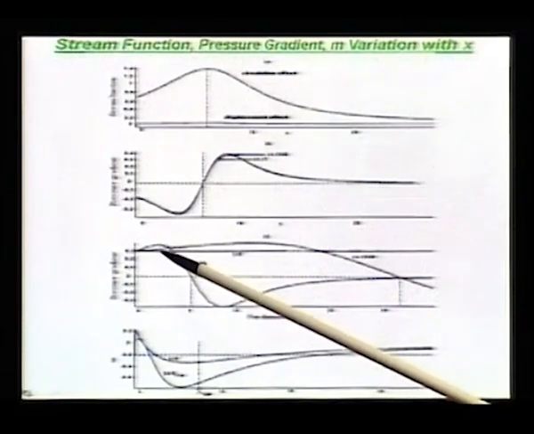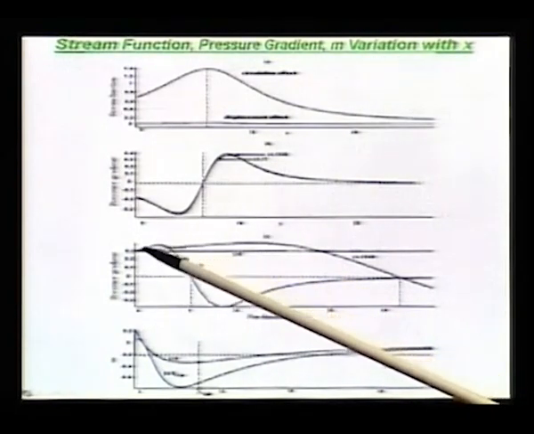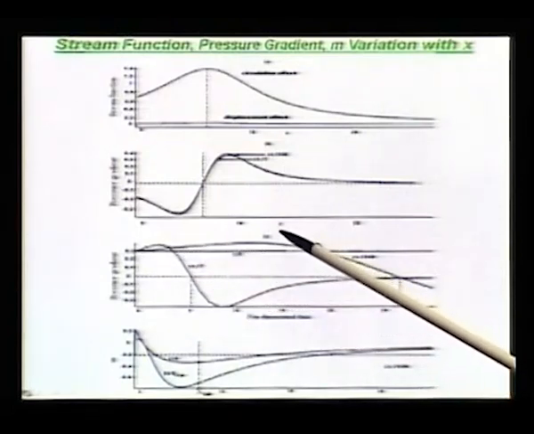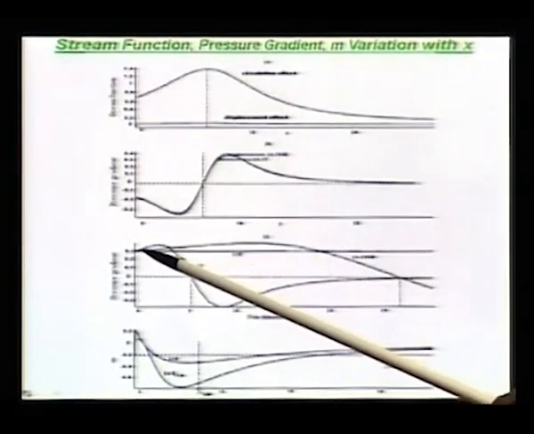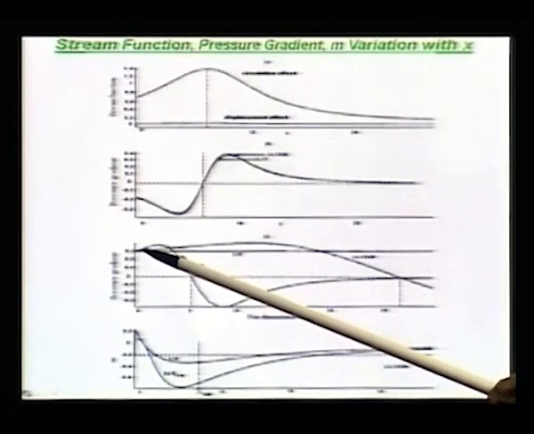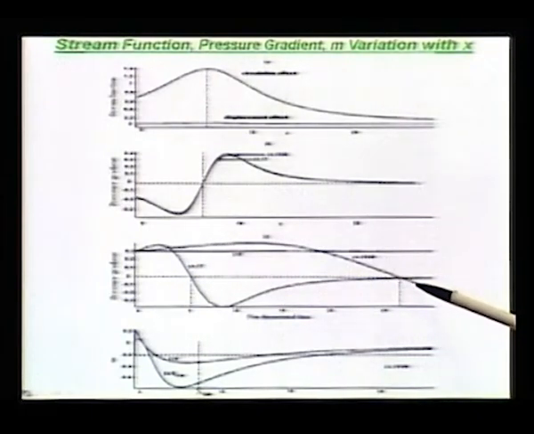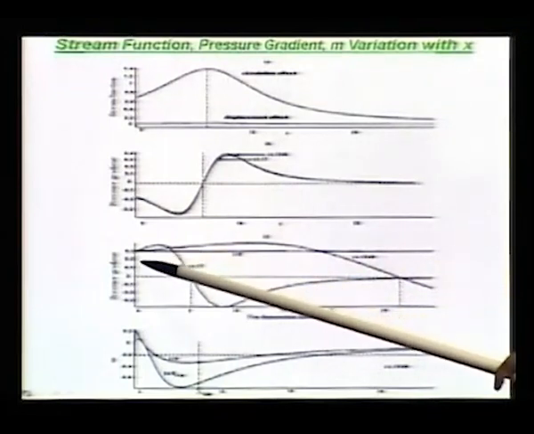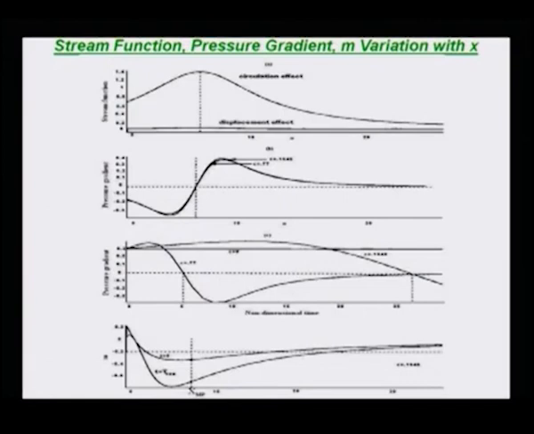Whereas for low values, the adverse pressure gradient remains adverse over a long time. For the 0.15 case, you can see the flow is experiencing adverse pressure gradient over such a long period, and for C equal to 0, it is even more interesting: you have the same level of adverse pressure gradient all the time.